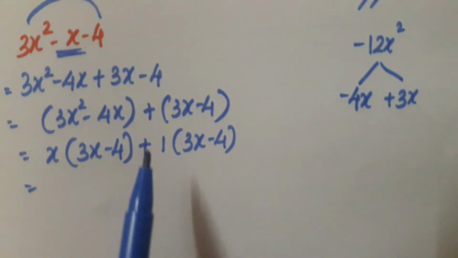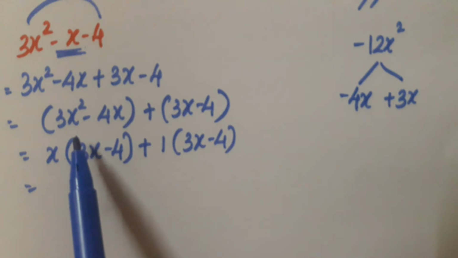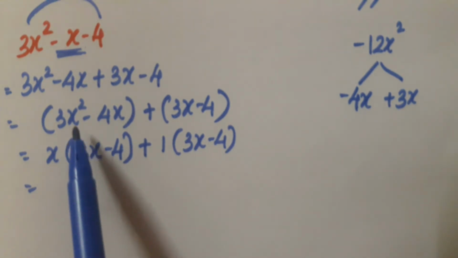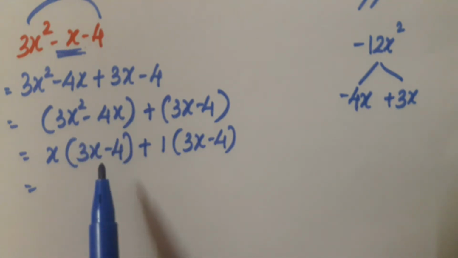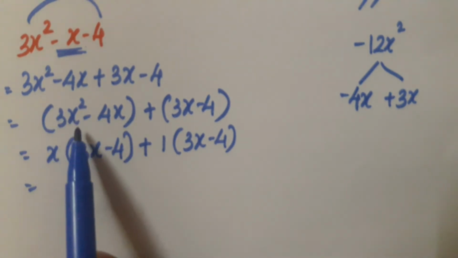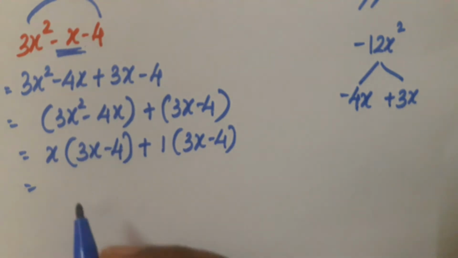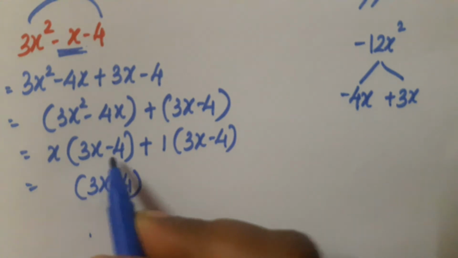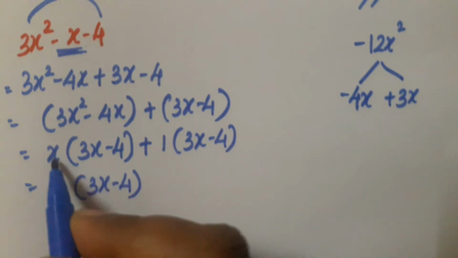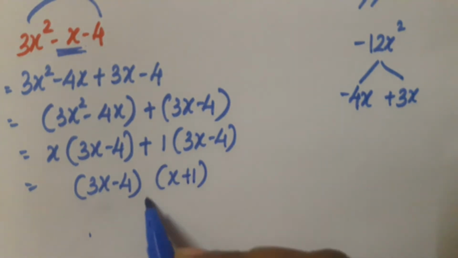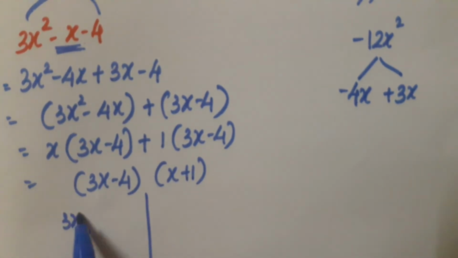Children, you should remember whenever you are removing common, you have to choose in such a way that both have common numbers. Here we have both as only x, we don't have any numerical coefficient in common. So let me write the one which is in bracket first, so it is 3x minus 4. Now the one which is outside the bracket is x plus 1. So 3x minus 4 is equal to 0.